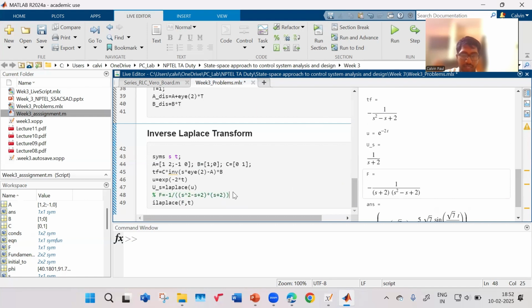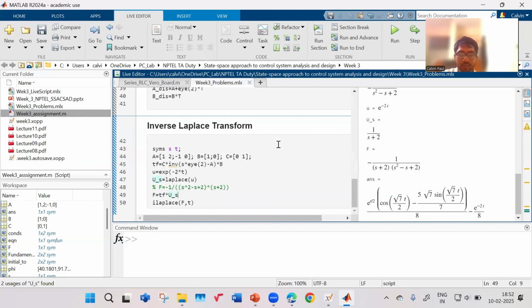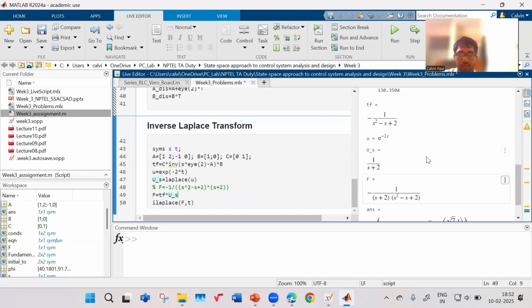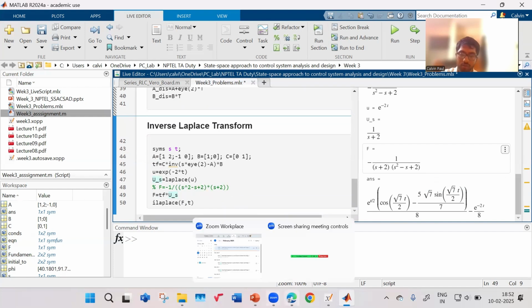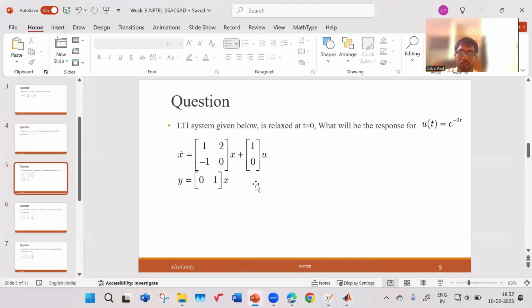So our F actually is the transfer function into U of S. So our F comes out to be like this, and our inverse Laplace transform comes out to be this. So this is basically our response. Okay, what was the question? The question told we want to find the response.